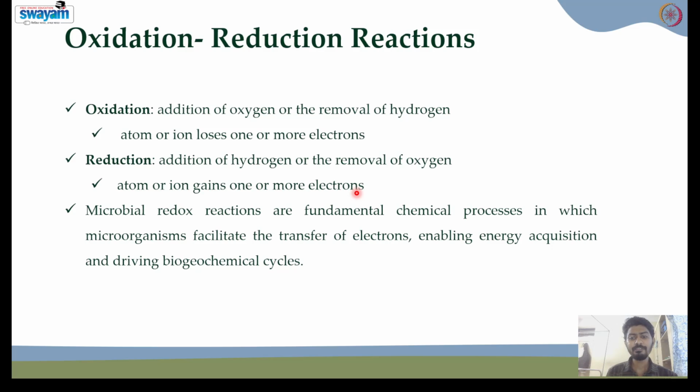So, these are the fundamental chemical processes where the microorganism helps in transferring electrons from one molecule to another so that the microorganism gains energy and drives the biogeochemical cycle successfully. So every microorganism carries out redox reactions and helps in transferring these electrons from one molecule to another molecule.